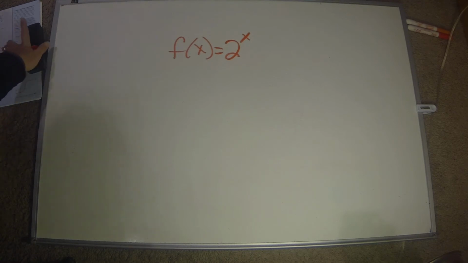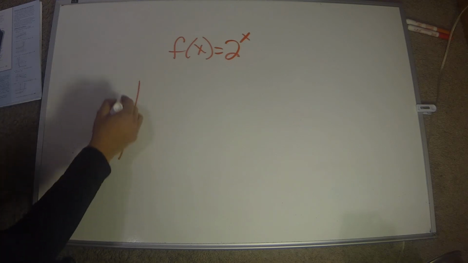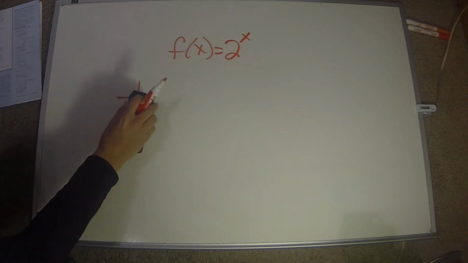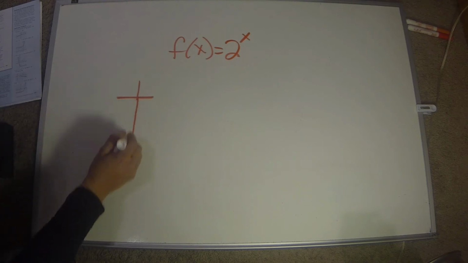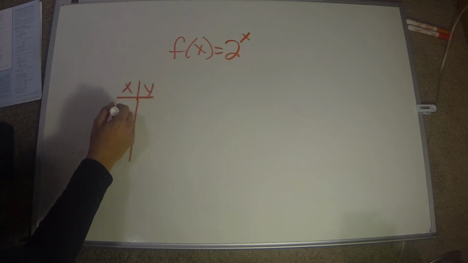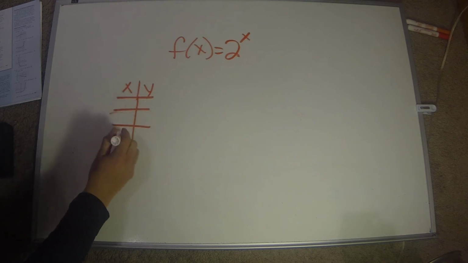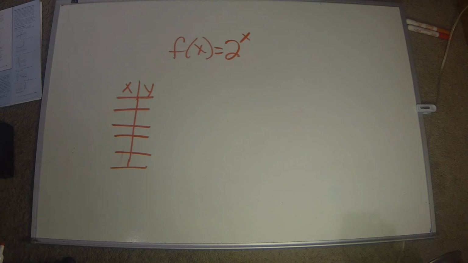That means our x is in the exponent. Again, we are going to do an xy table with 5 spots.